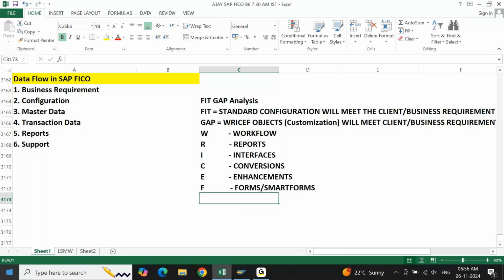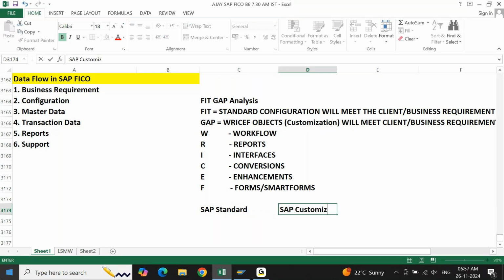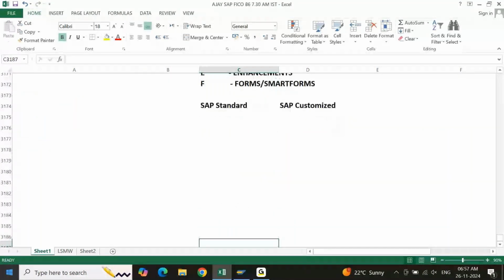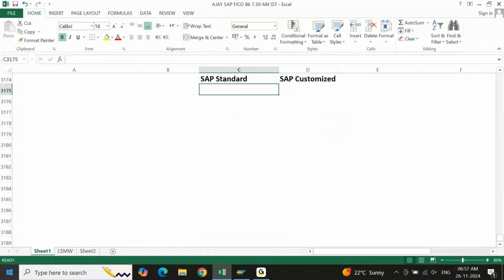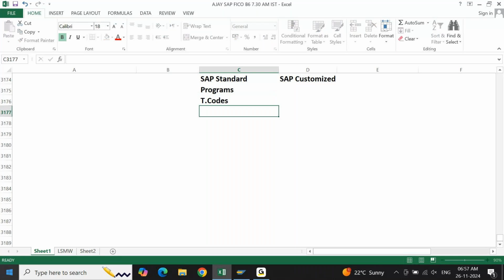Okay, now SAP standard and SAP customized. Whenever you're talking about SAP standard, these points are related to programs, T codes, tables.